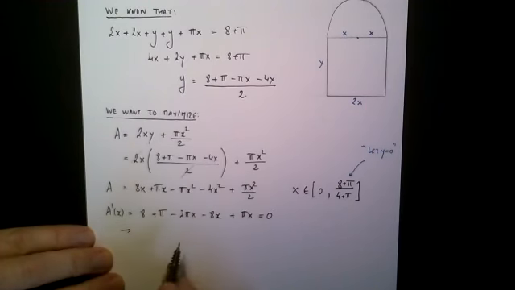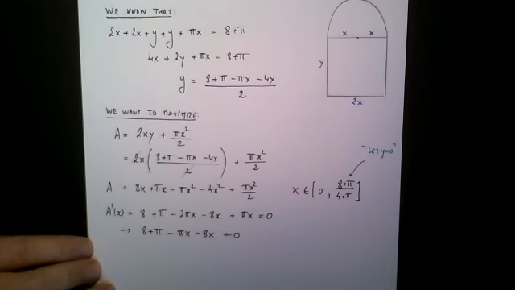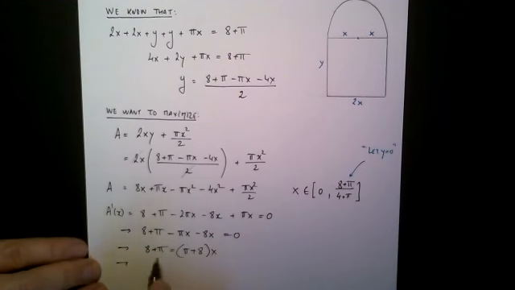So this means that 8 plus pi, so minus 2 pi x plus pi x is minus pi x, minus 8x is equal to 0. So if I send this to the right, 8 plus pi equals pi x plus 8x, so pi plus 8 times x. Divide by pi plus 8 both sides, and so I get x equals 1.